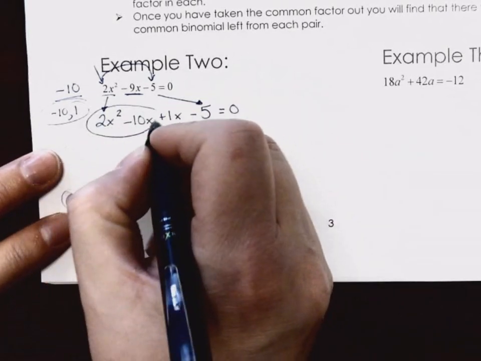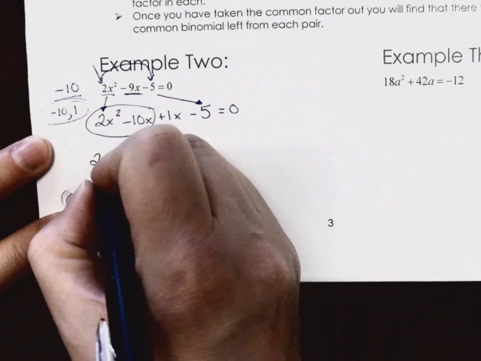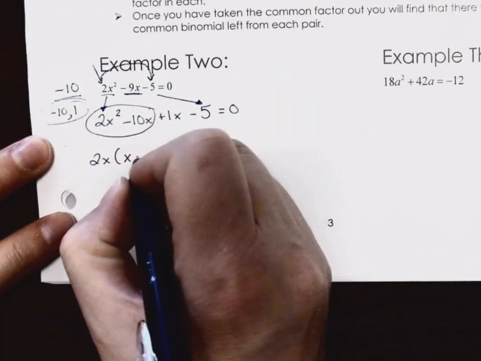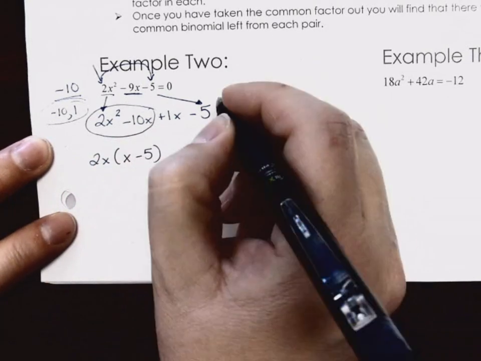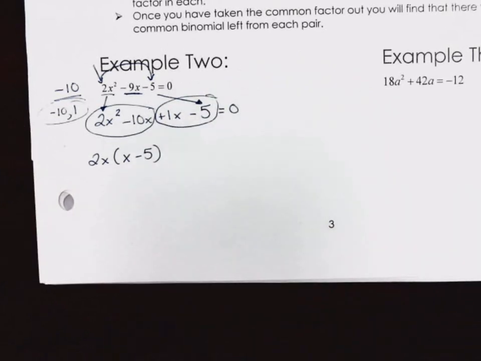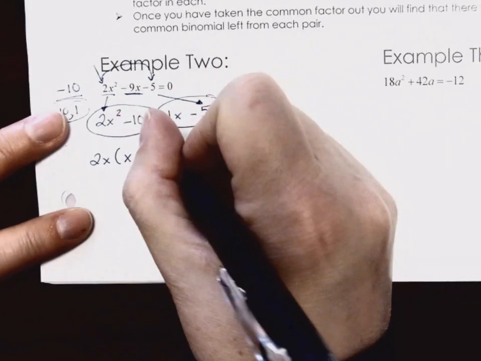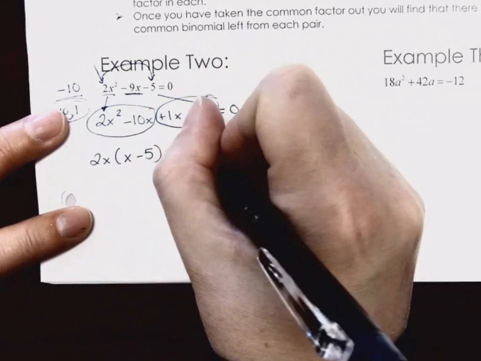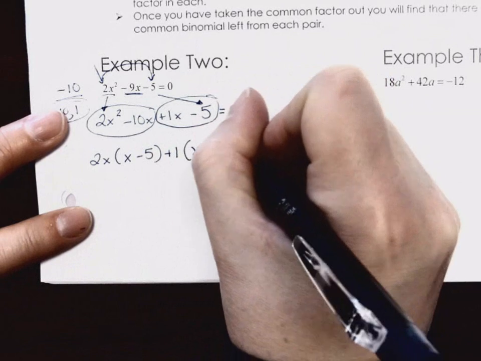Okay, same thing. I'm going to look at the front here. I can take out a 2 and I can take out an x, so I'm left with x minus 5. And if I look at the back section here, there's nothing to common factor out. There's no x's, there's no common numbers. So I'm going to take a positive 1 out, and that will just leave me with x minus 5.